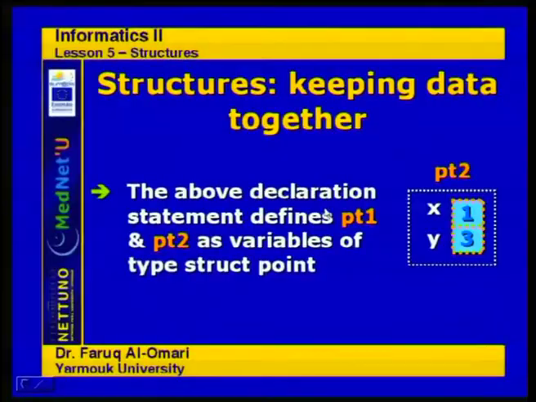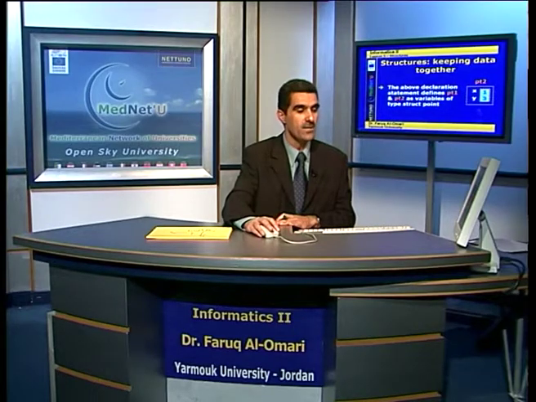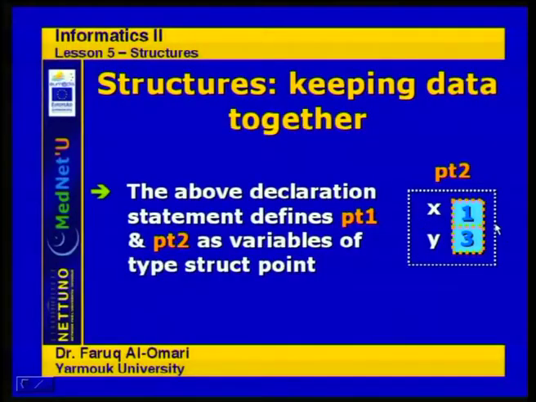So the above declaration, that's the declaration in the previous slide, defines PT1 and PT2 as variables of type struct point. Okay, and these variables can be assigned values and can be manipulated in my program the same as any other variable. Okay, so this is PT2 as a variable, and its values have been assigned to 1 for x, 3 for y.